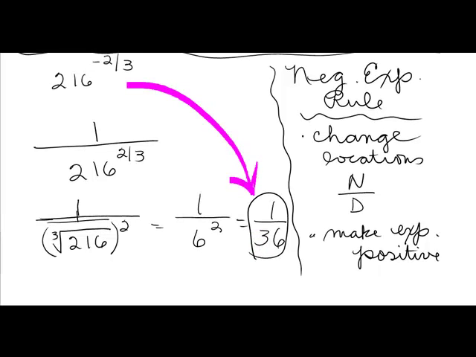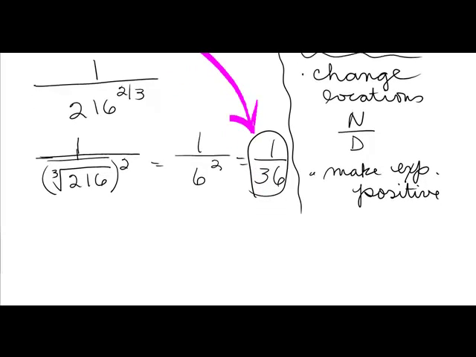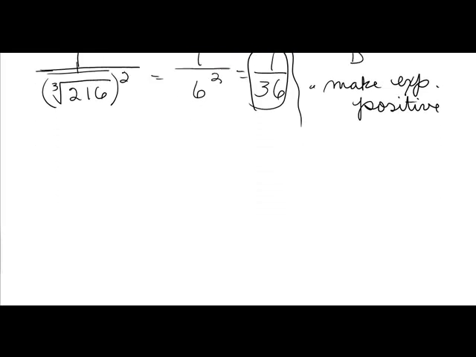Let's do another one with a negative exponent, and we are going to look at a lot of our exponent rules, reviewing them in this lesson. So we've got 1/m to the negative 6/7. The negative exponent tells me to change locations. This is in the denominator, so I'm going to put it in the numerator and make the exponent positive.